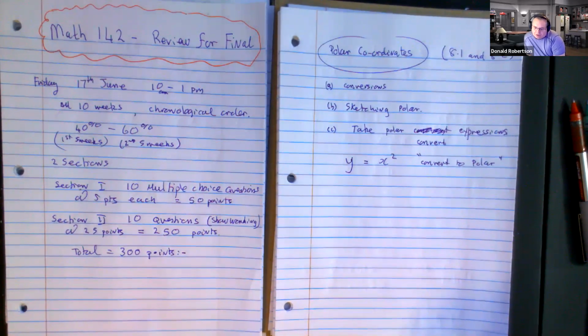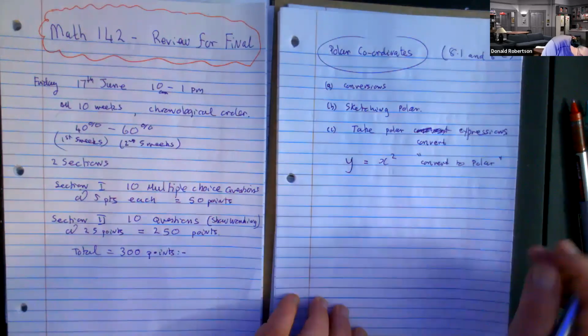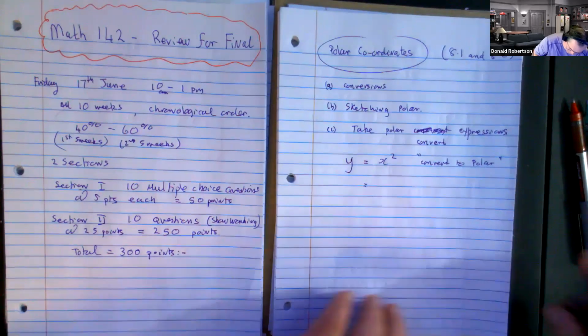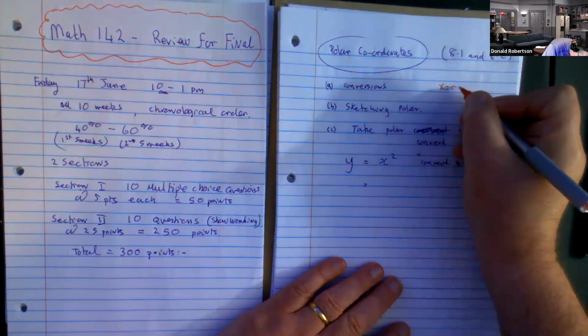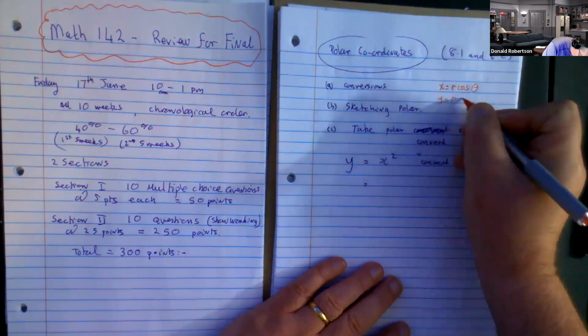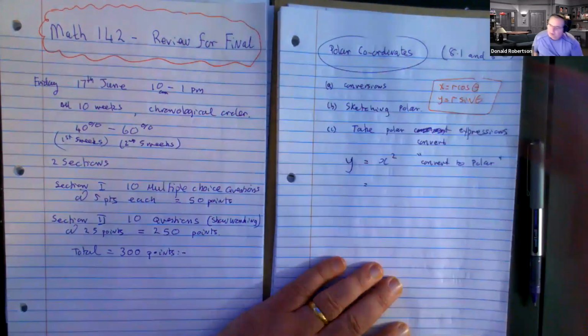That kind of question would lend itself really well to a multiple choice because they're relatively quick. Now, you do need to know what the y and the x coordinates are equal to in polar form. So I'll put these up here for you. Remember them now?